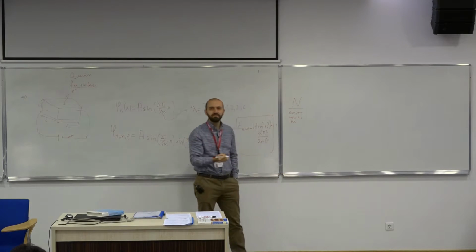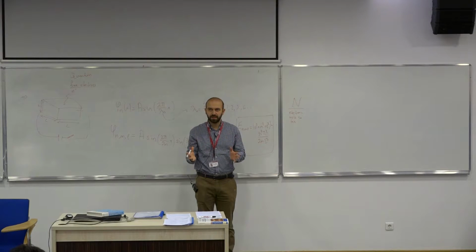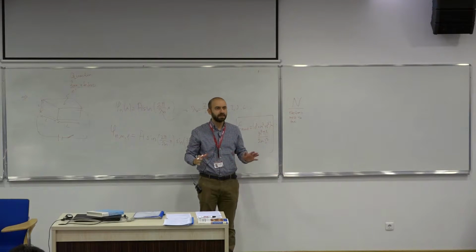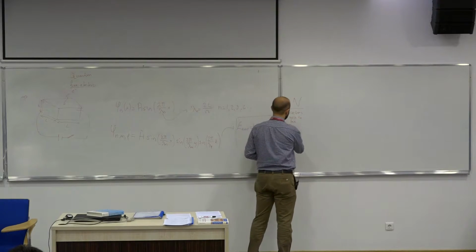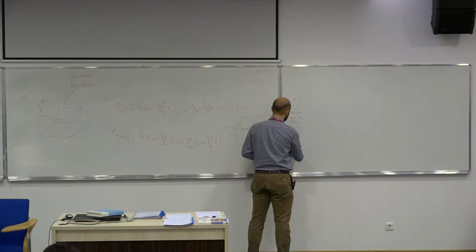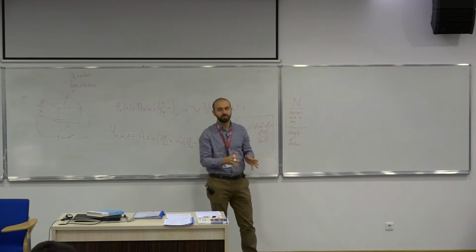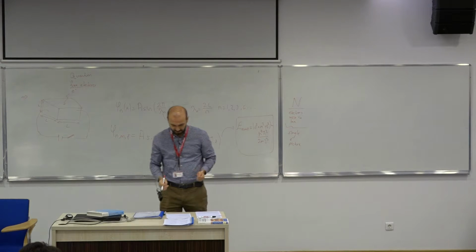And I'll treat them as isolated electrons. They don't interact with anything. So this is in general called the single electron picture. Although I have many electrons, they don't interact with each other.